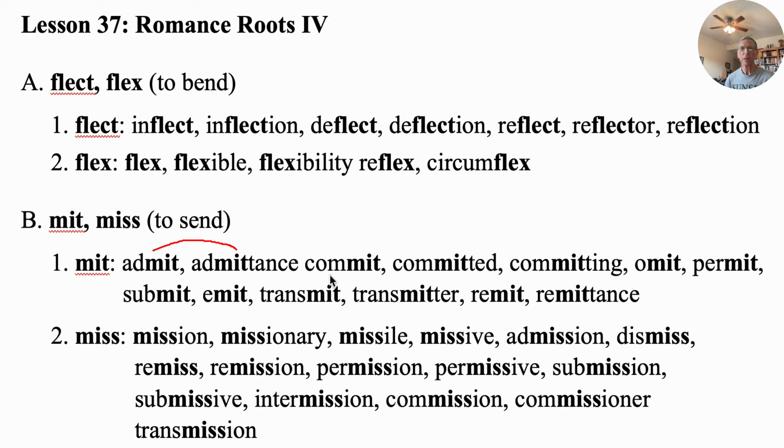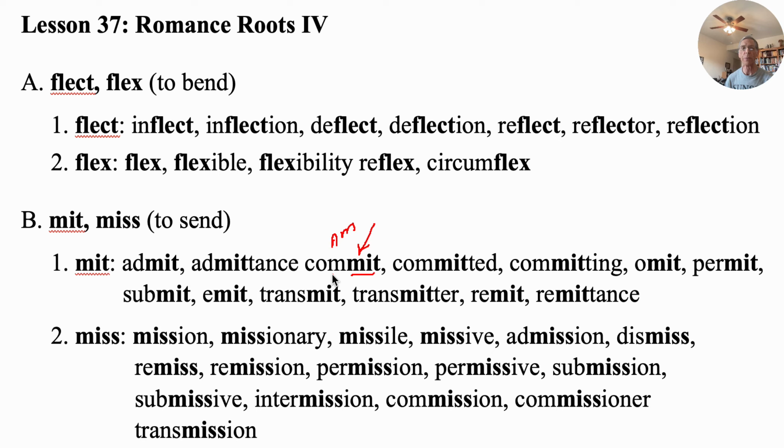Next we have commit, and I bet you saw the chameleon or disguised prefix there: the N on con becomes an M when it comes in front of a root that begins with an M. So now we have this double letter.